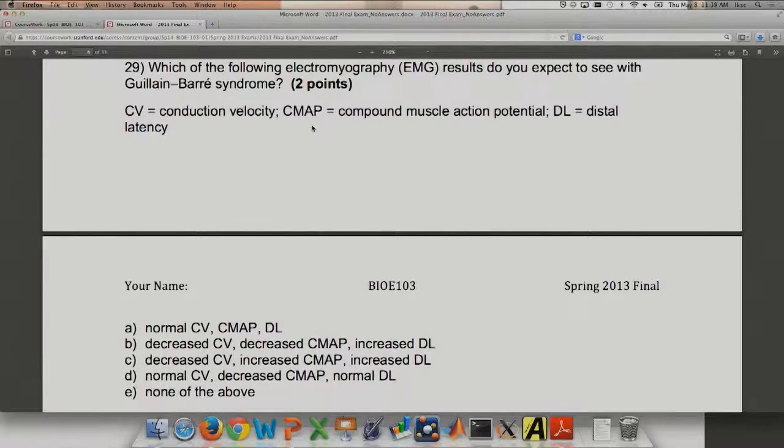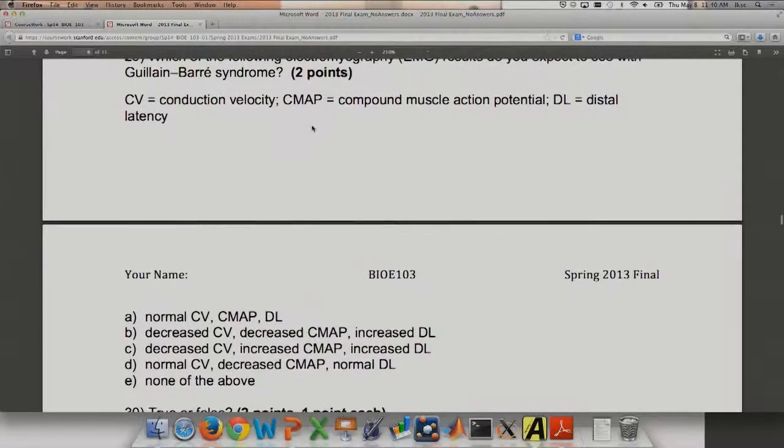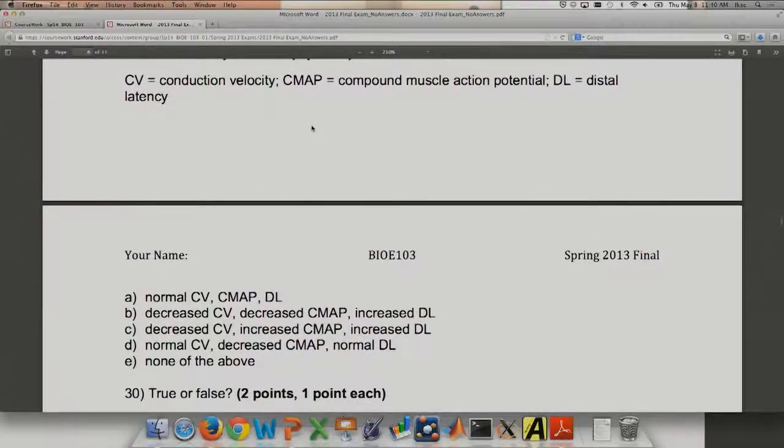So it's basically autoimmune demyelination of the peripheral nerves, which causes rapidly ascending paralysis and can be fatal if not corrected, right? So in this case, it's a disorder of the peripheral nerve. So you do an EMG on these patients, and you have 3 things. You have the conduction velocity of the nerve, the compound muscle action potential, and the distal latency. And then you've got these 5 choices.